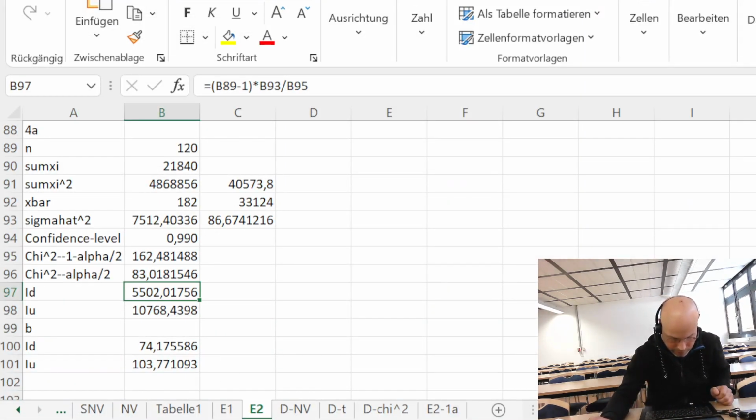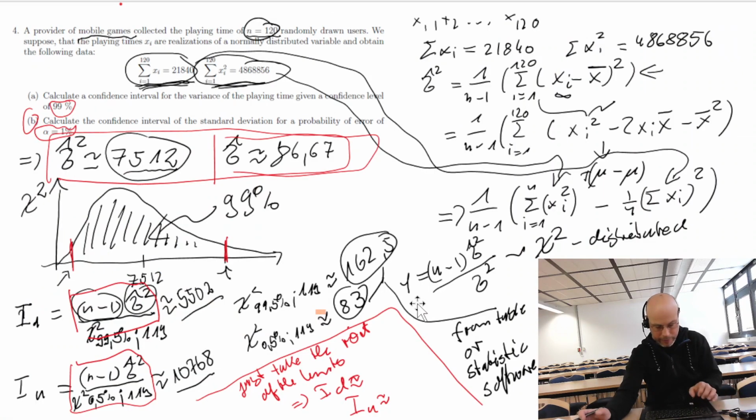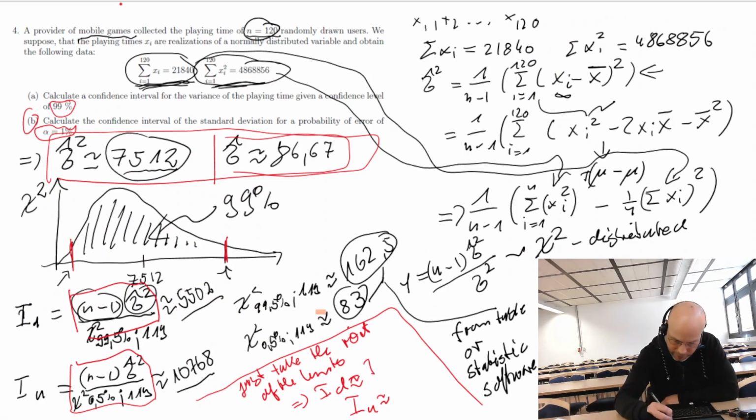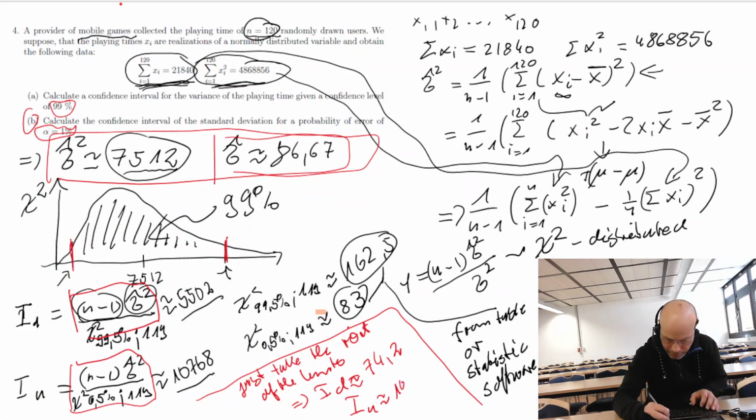and then we obtain lower limit and upper limit approximately 74.2 and 103.8.